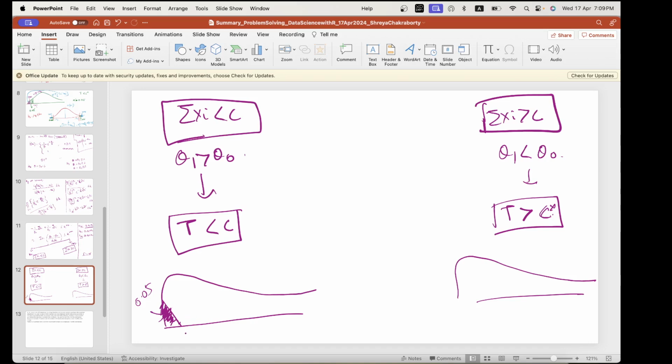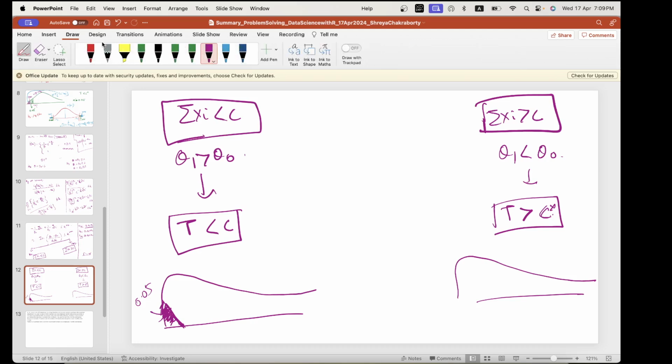You have to find the point below which 5% of the total area lies. Then you have to check if your t statistic is falling in this region, and the area below it is the p-value. So this shaded area is your p-value. So p will be t less than t observed.